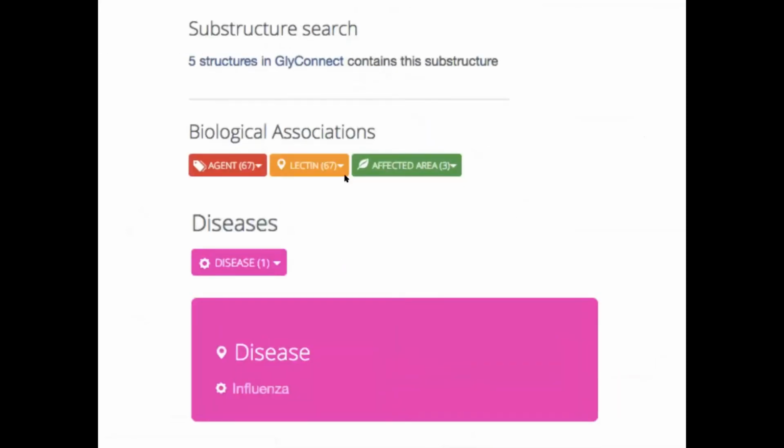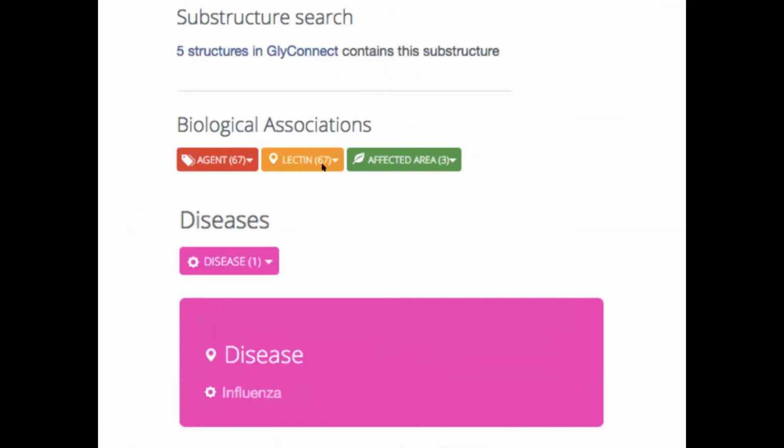If I focus here, all the lectins are in fact not different lectins, only different strains of influenza virus in that particular case with different tissues. This is the flu as a disease, and we can connect to GlyConnect with a substructure search.